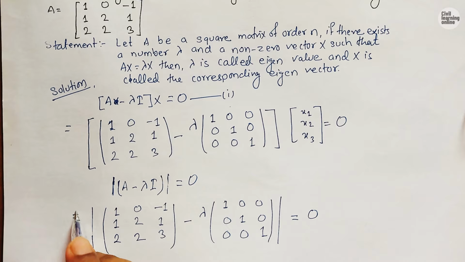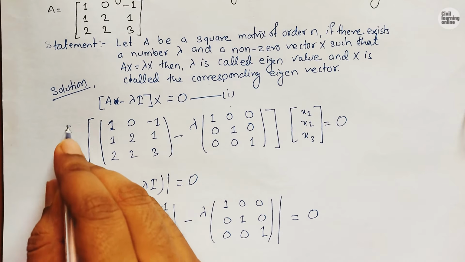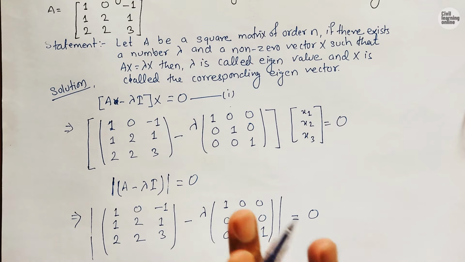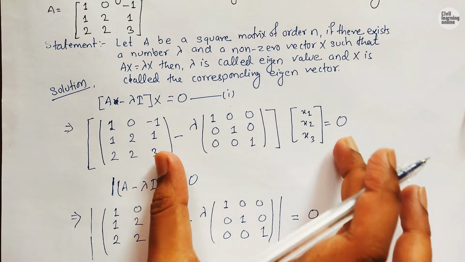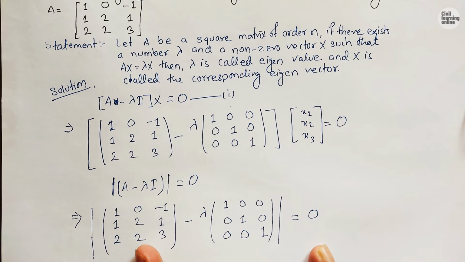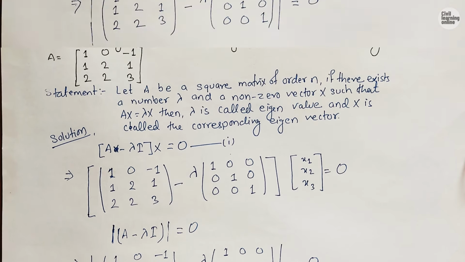In place of the equal sign we will place implies, because we cannot put equals here. This is representing an equation and here also it is representing an equation, so we put the sign of implies, and further we need to solve this.